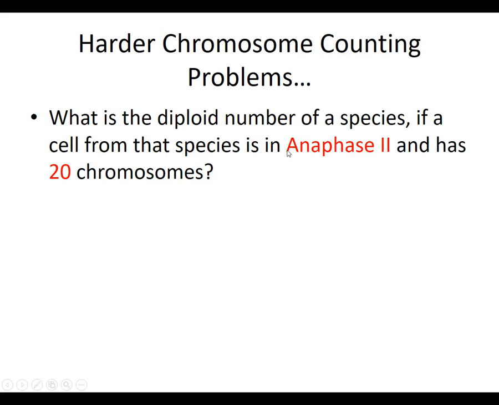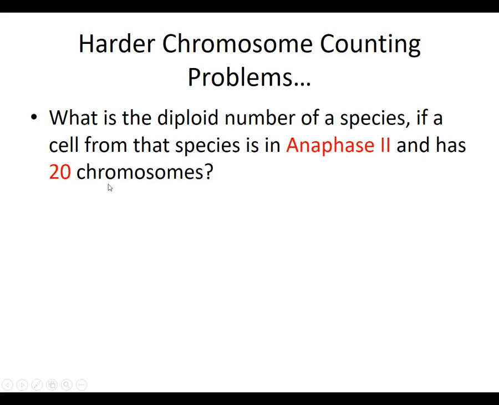And that's one of the tricks, is that you have to be very clear about which phases of cell division have which forms of chromosomes. And you also have to be clear which phases of cell division are diploid cells and which are haploid cells.